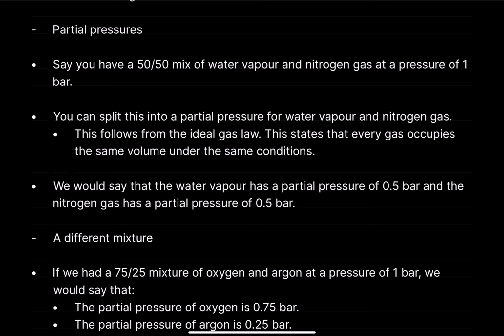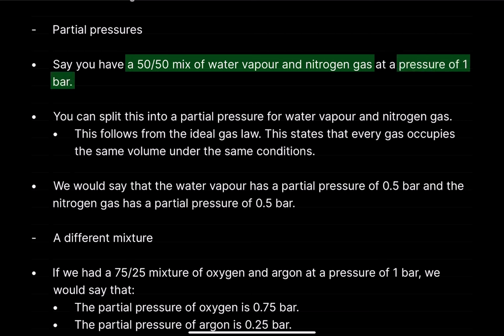If I look back at this example, where you have a 50-50 mix of water vapor and nitrogen gas at a pressure of 1 bar, then we would say that the water vapor has a partial pressure of 0.5 bar and the nitrogen gas has a partial pressure of 0.5 bar. That's all.